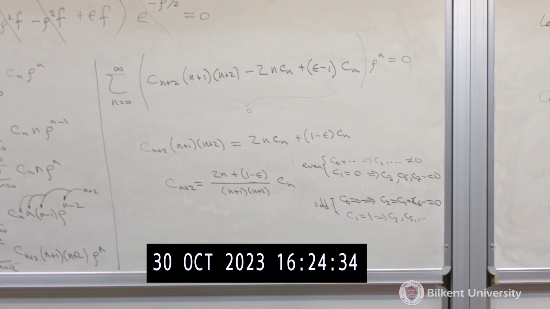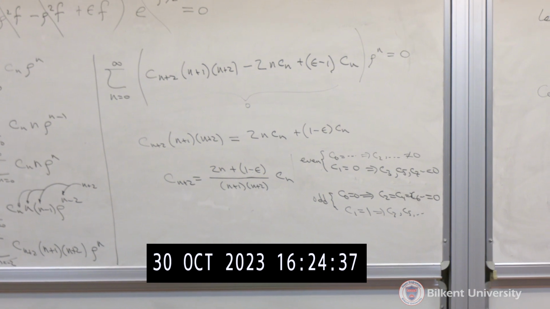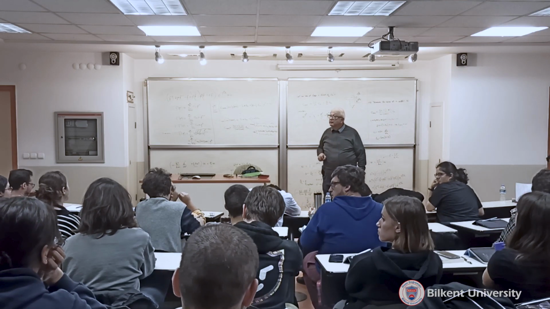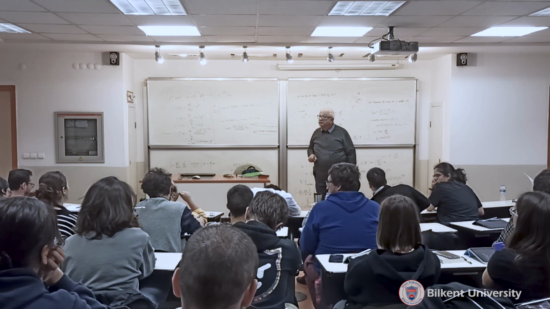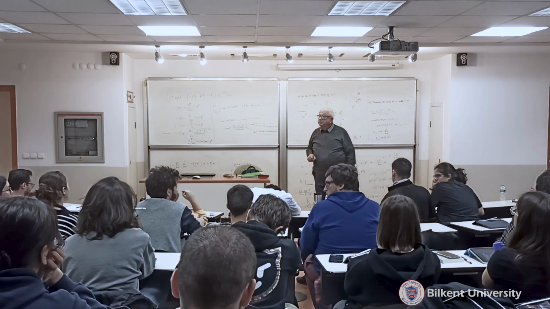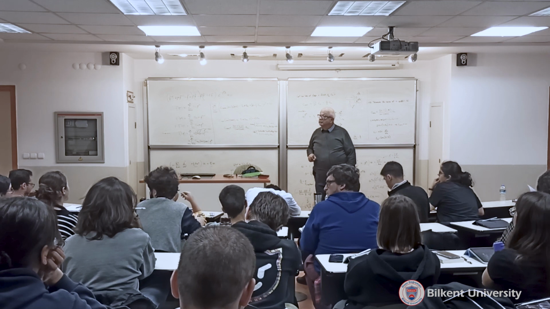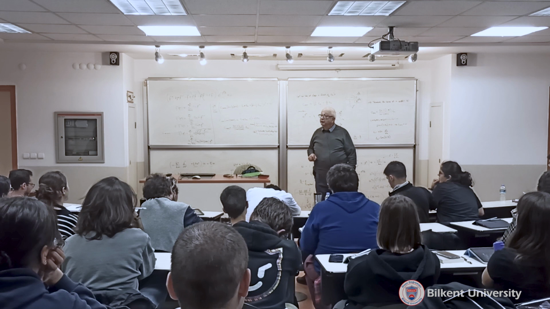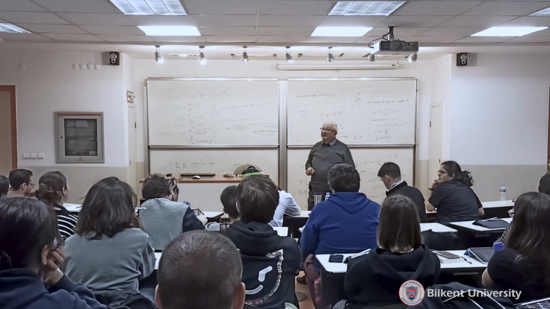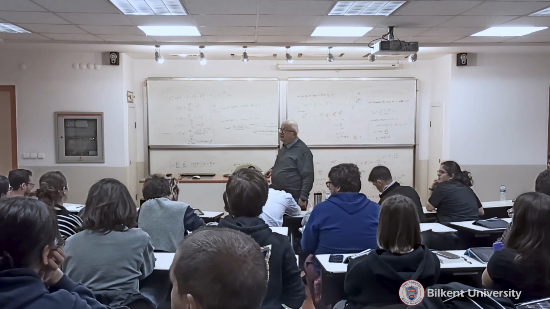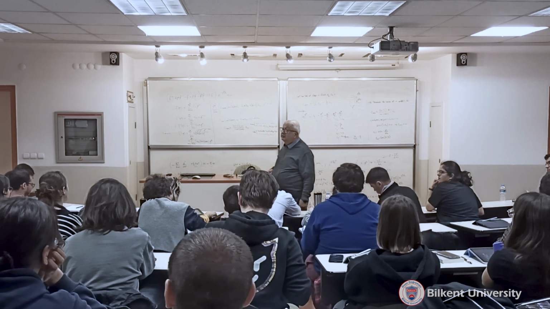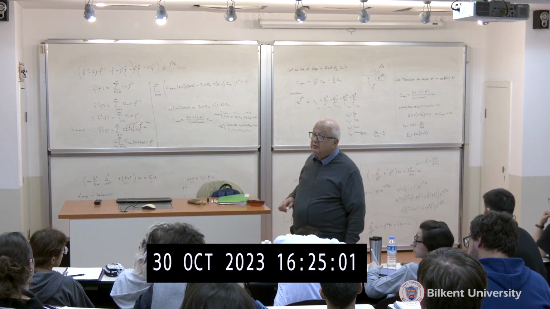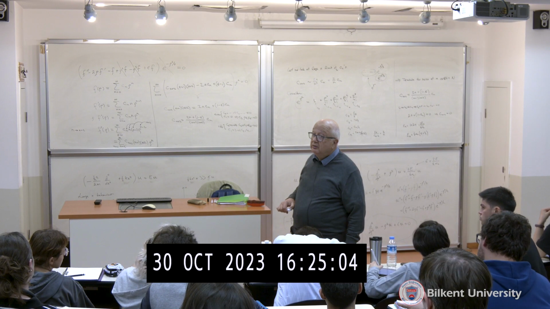Okay, other questions? Yes. Can we say the equivalent method is to choose e to the rho squared at the beginning? Can you repeat it?